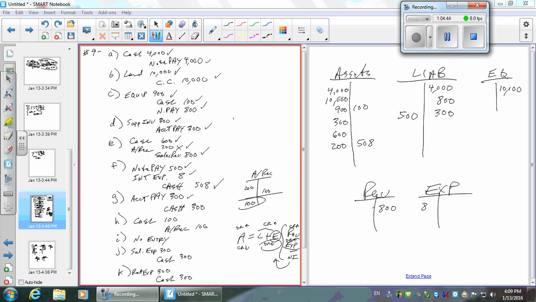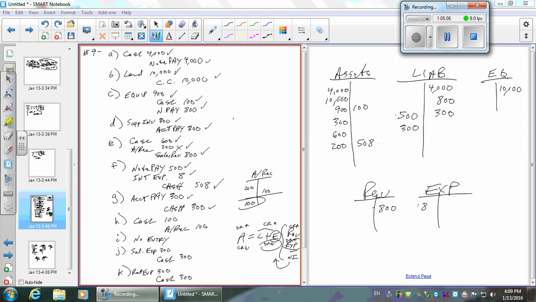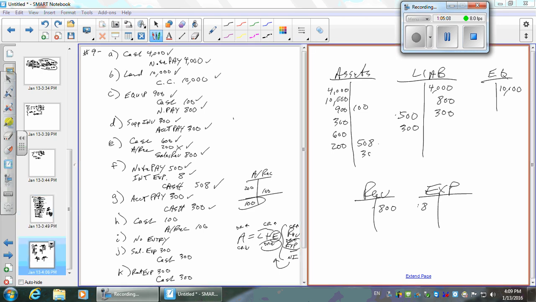Accounts payable? What happened to the 8 for the expense? Expense, debit; liability, credit cash. Got it? Okay, then where are we at? Accounts payable, liability, 300, right? Goes down. What else do we have? 300 goes down.